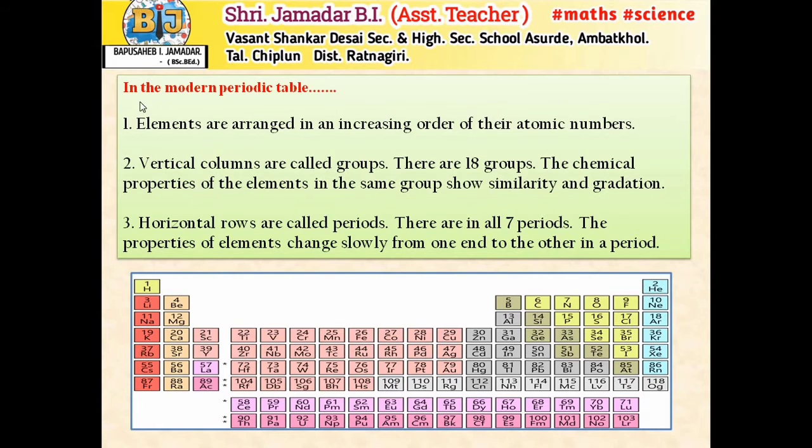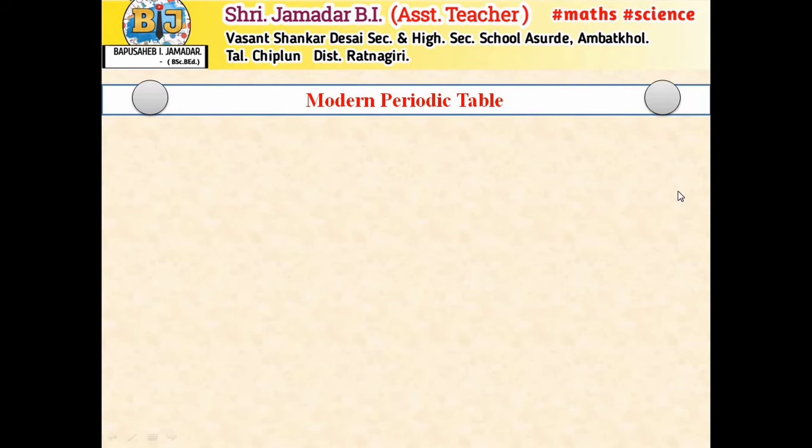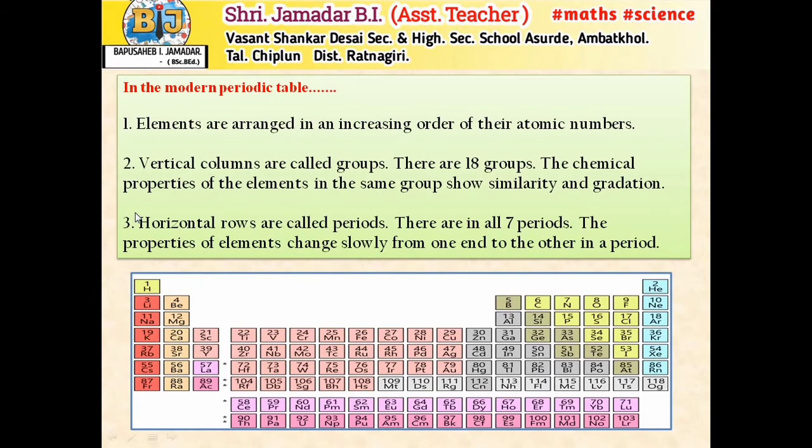In the modern periodic table, elements are arranged in increasing order of their atomic numbers. Vertical columns are called groups. There are 18 groups. The chemical properties of the elements in the same group show similarity and gradation. Horizontal rows are called periods.